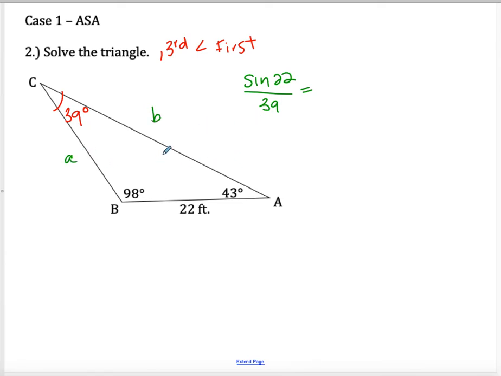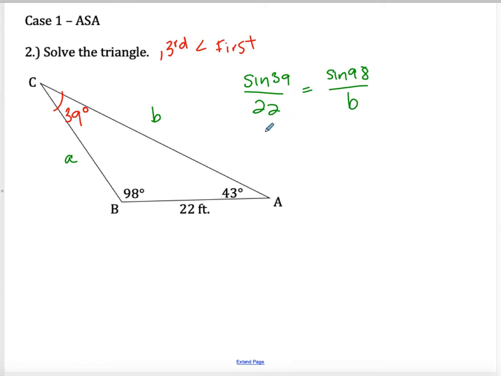All right, so if I want to find B first, I'd write that that is equal to the sine of 98 divided by little b. Oh yes, goodness gracious, thank you. That would not have been good. The angle is 39 degrees and the side is 22. Please fix that if you need to. Sine of the angle divided by the side, sine of the angle divided by the side. So now we should be golden.